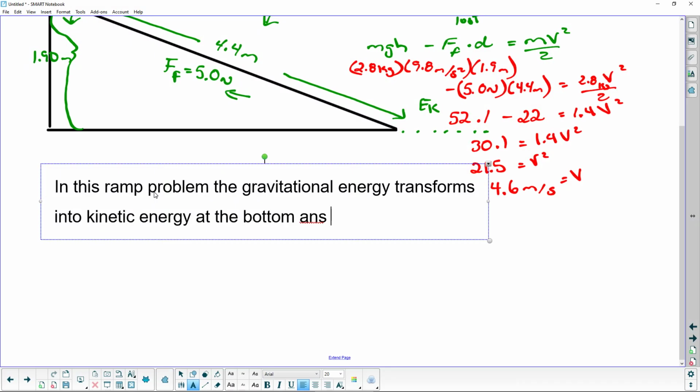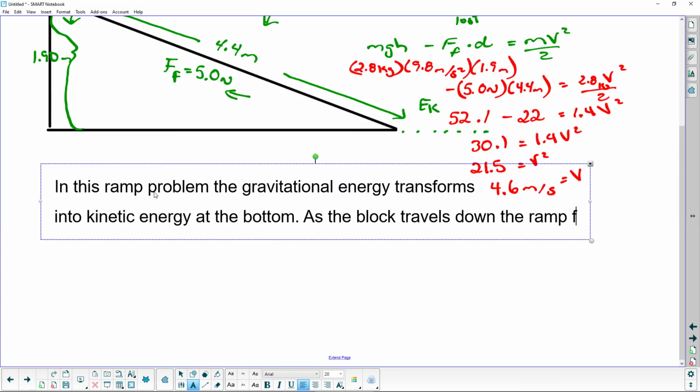And as it travels, or I guess we should be more specific, as the block travels down the ramp, friction is created.